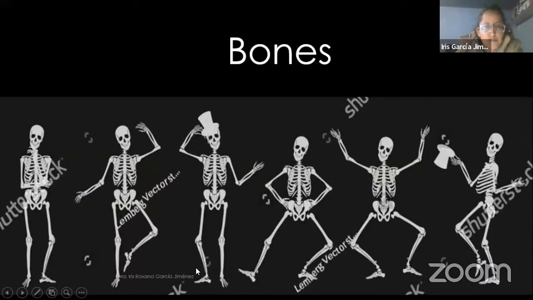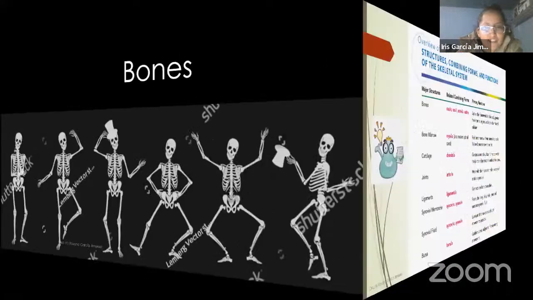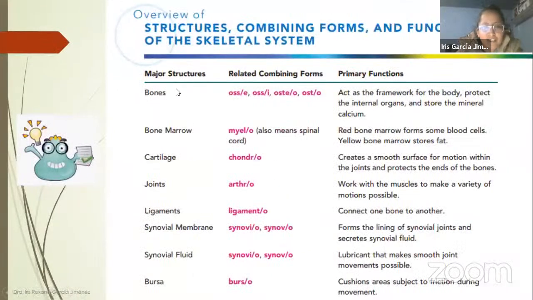Now let's talk about bones. Bones, of course, are the first anatomical structures we usually study. And it's a nice system, I think. We have this chart that is showing us the major structures, the related combining forms, and the primary functions. Why is it important?